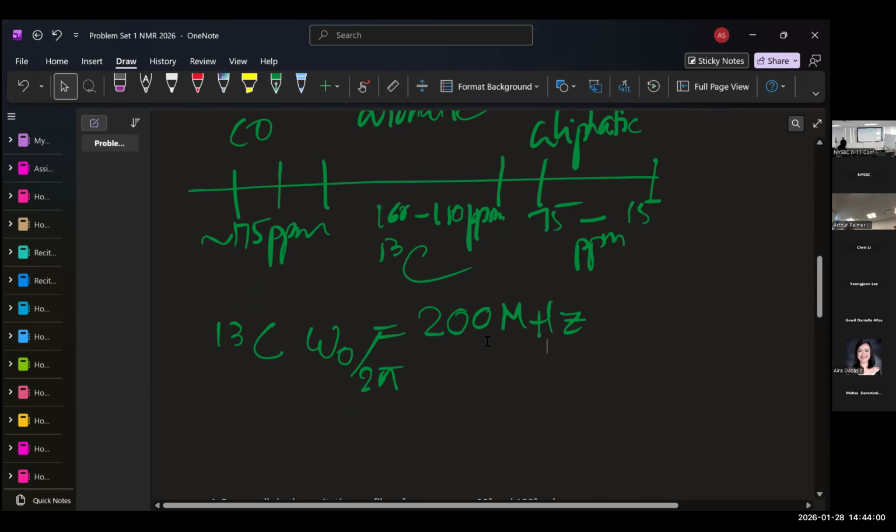If you wanted to excite all of carbon at the same time, you would place your carrier smack in the middle. I want to excite the aliphatic carbons, the aromatic carbons, and the carbonyl carbon all at the same time. So you pick a carrier roughly in the middle, and in the experiments I've done, the carrier lands at around 100 ppm.